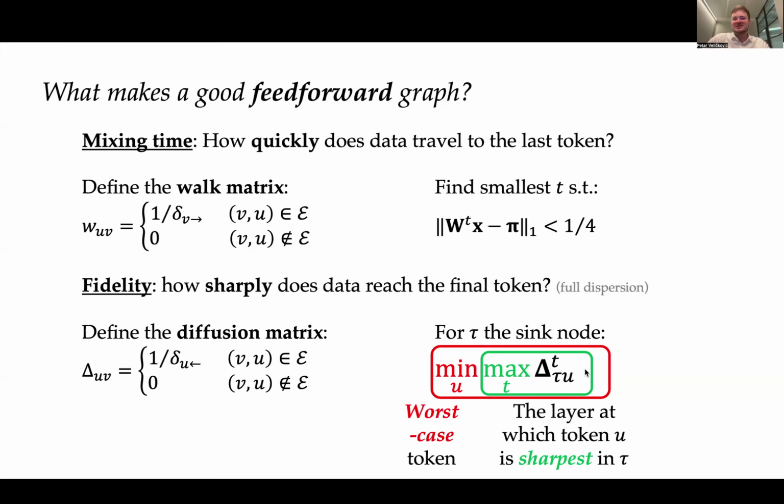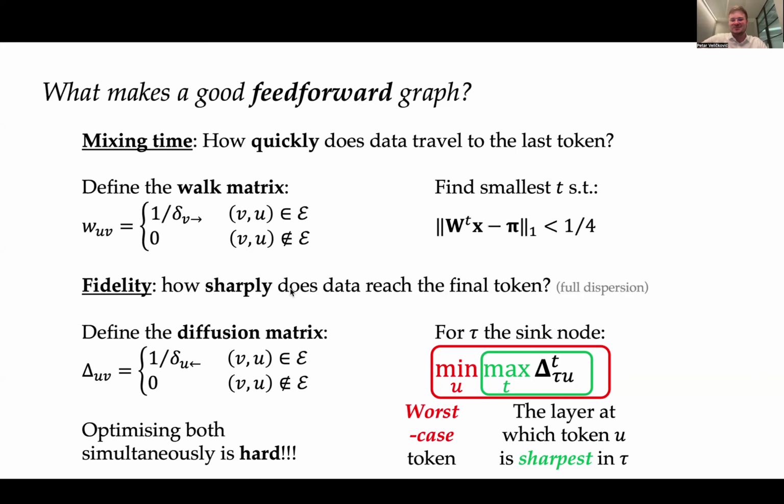Note that the maximizing number of layers is obviously different for different tokens. Here we're subtly assuming that there is a good residual connection which salvages your embeddings at every single layer to the extent that's meaningful. But this formula here basically measures the worst case scenario of how well information travels to your final token. And optimizing both of these things together, mixing time and fidelity, is quite hard.